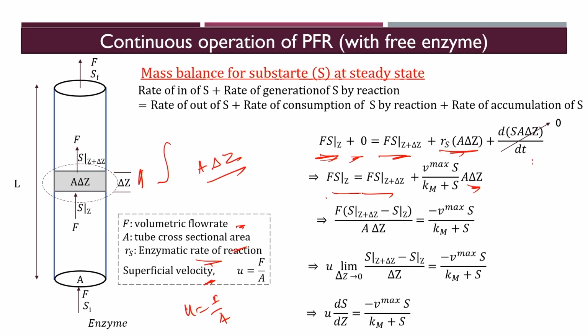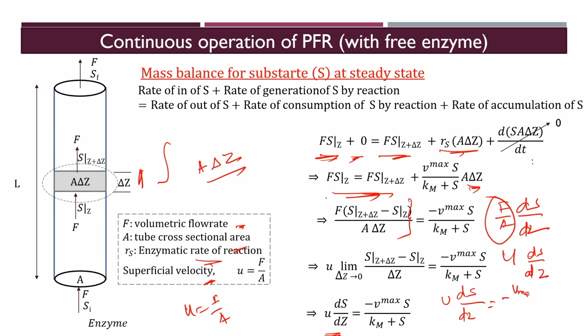This term becomes dS, and if you take out the delta Z here, this term becomes F upon A dS upon dz, and F upon A is the velocity U. So, it becomes U into dS upon dz, which equals minus V max S upon Km plus S.